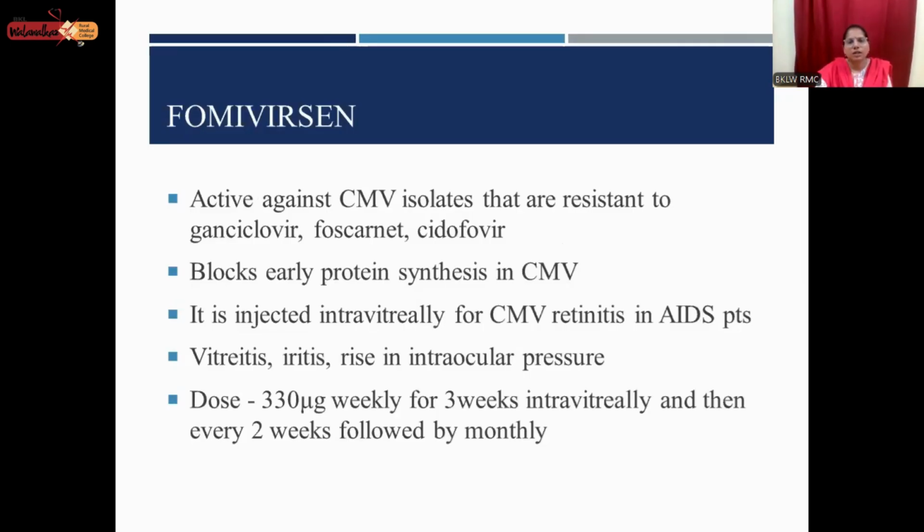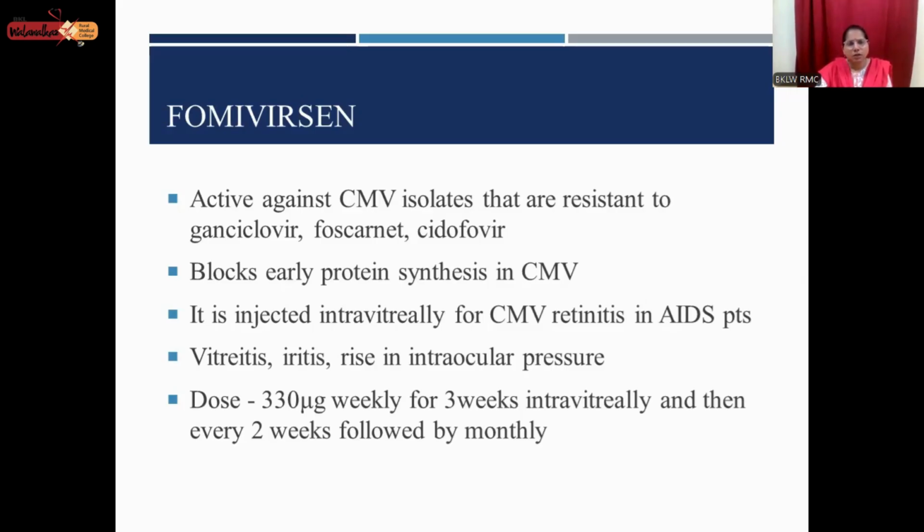Fomivirsen. Fomivirsen is again an antiviral drug that is more effective for cytomegalovirus that is resistant to ganciclovir, foscarnet, cidofovir. It blocks early protein synthesis in cytomegalovirus. It can be injected intravitreally for cytomegalovirus retinitis in AIDS patients, and for cytomegalovirus infection at other sites like vitritis, iritis, rise in intraocular pressure.